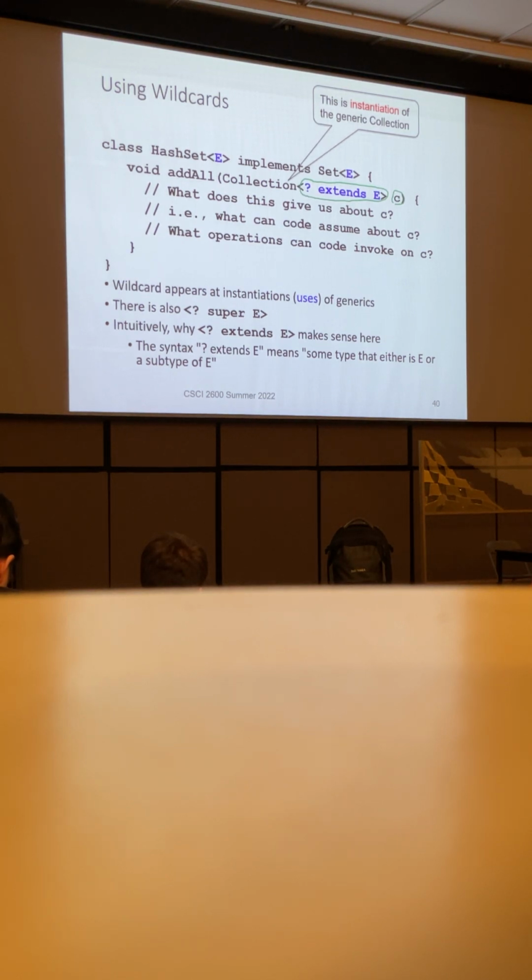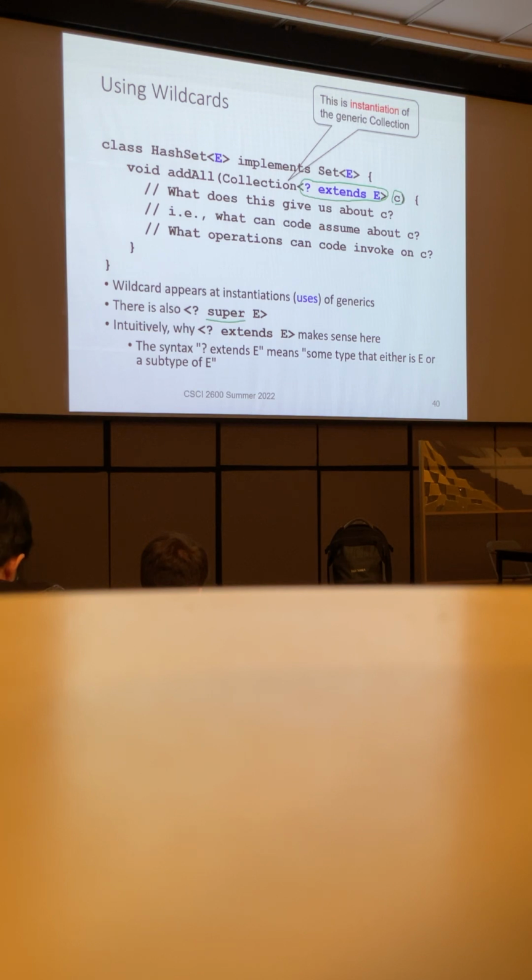We can also go in the opposite direction by saying question mark super. There are rules that say when we need to use extends and when we need to use super, so they are not interchangeable.